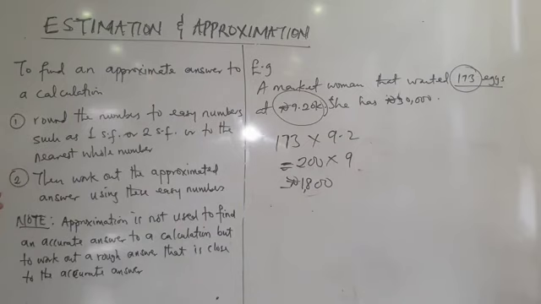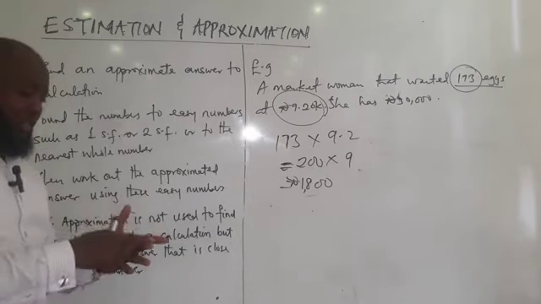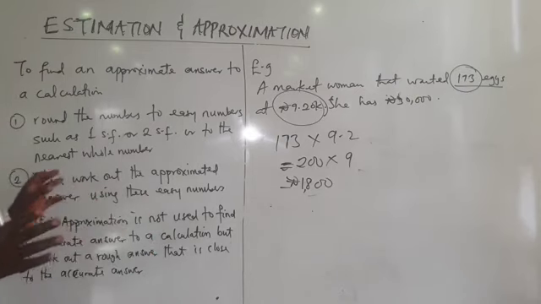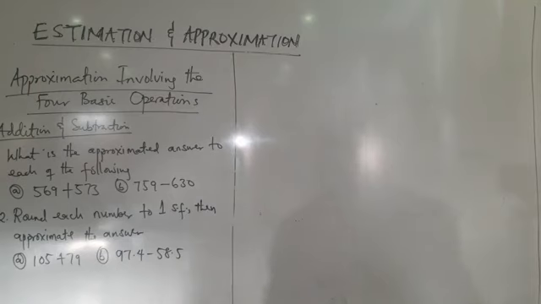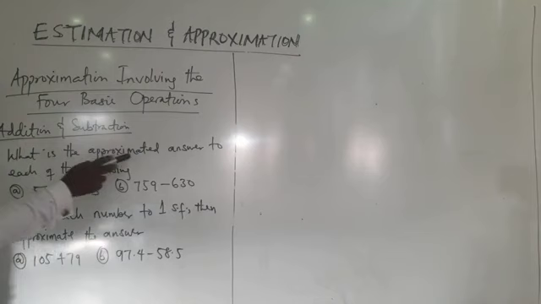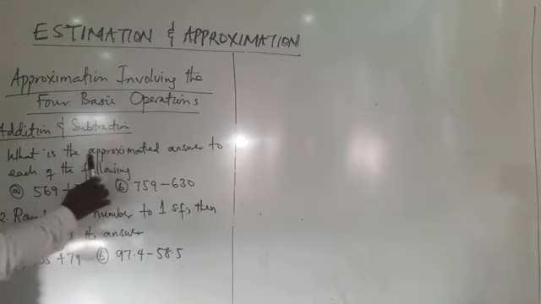So let's now look at approximation involving addition, subtraction, multiplication, and division. How do we go about that? That's the next thing we're going to look at. Alright, so approximation involving the 4 basic operations. We're going to start with addition and subtraction. There are 2 ways in which the question can come. We have this: what is the approximated answer to each of the following?